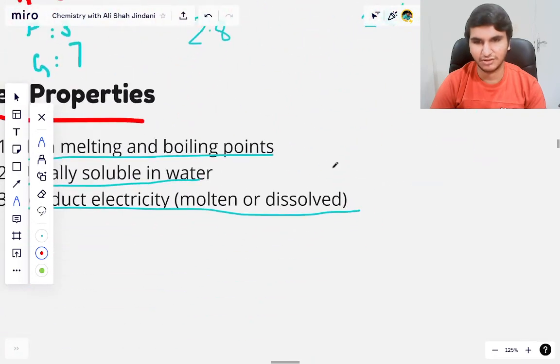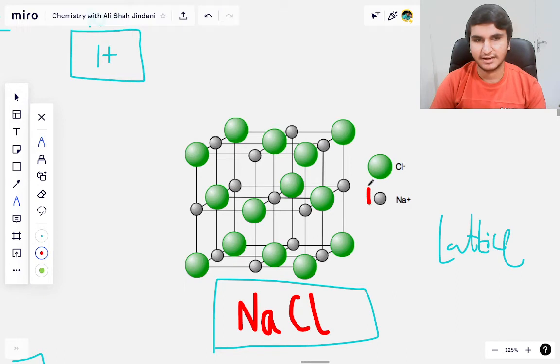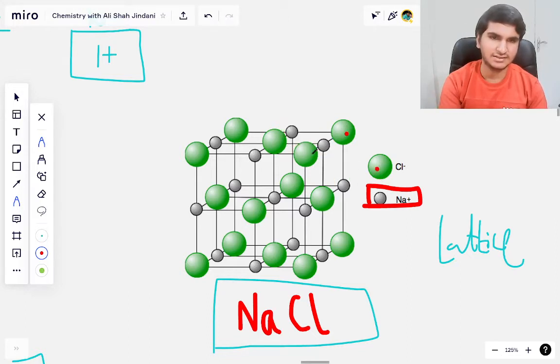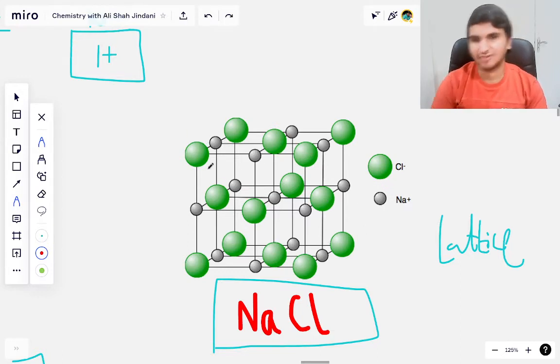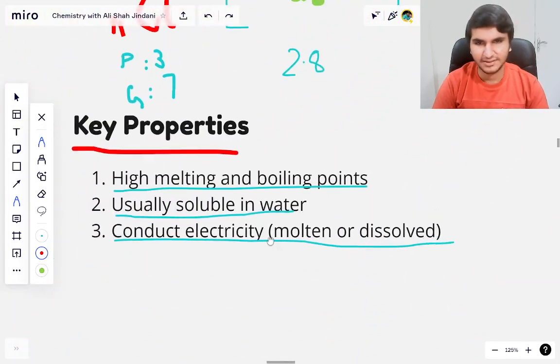One more thing: here you can see these are Na ions, and the green ones are the Cl ions. They are structured in a way that the attraction between them is a lot, and that is why they are pretty much unbreakable. So we are going to discuss the properties now.